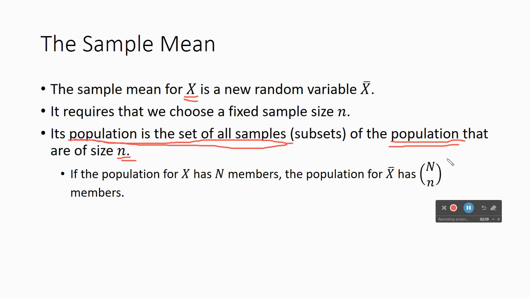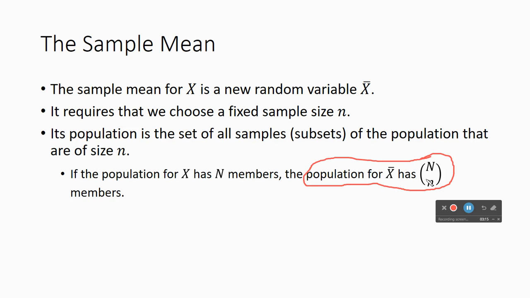As a consequence, the new random variable has a huge population. Its population is going to be big N choose little n. That is the size of the new population for x bar.